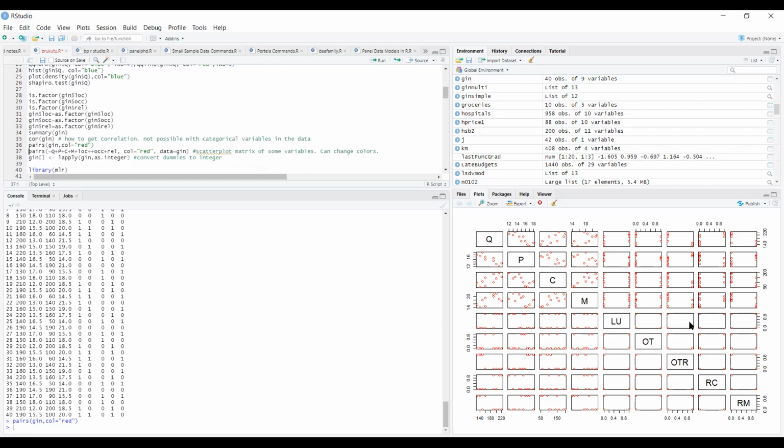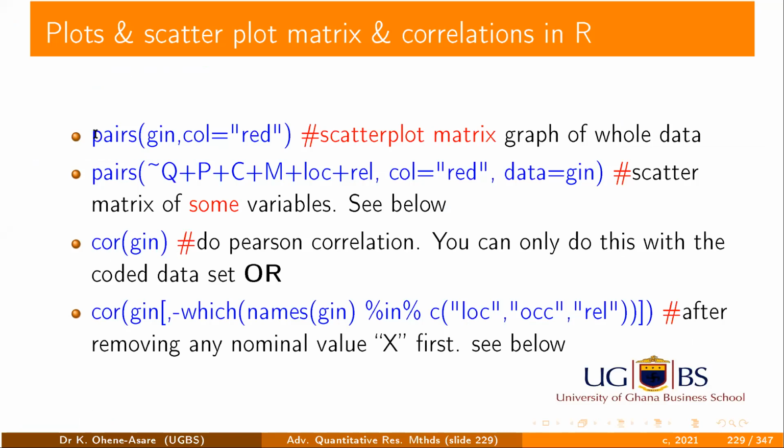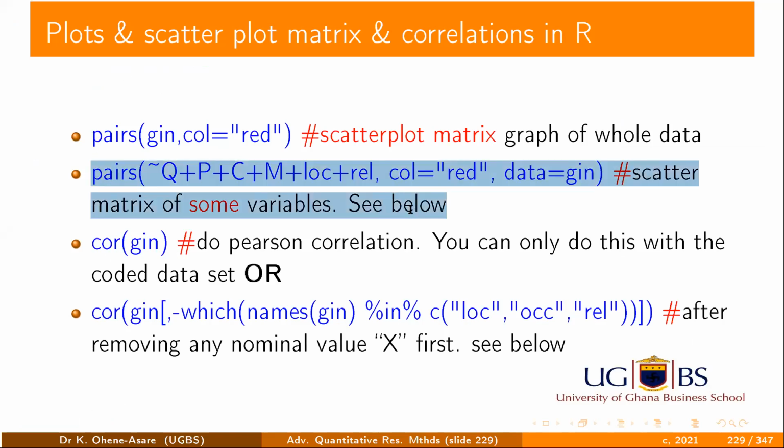This is a scatter plot matrix of the information that you are looking for. So that was the command here. You can also use pairs to do a scatter plot matrix of some of the variables, not all, some. Here I did location, religion.